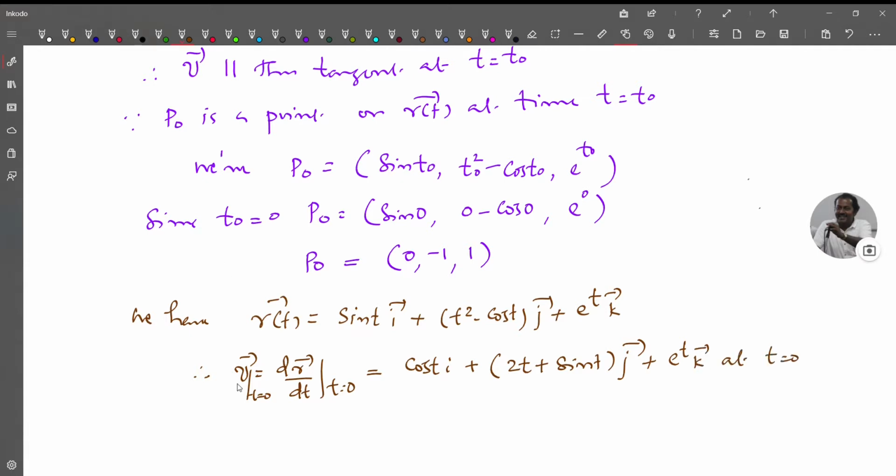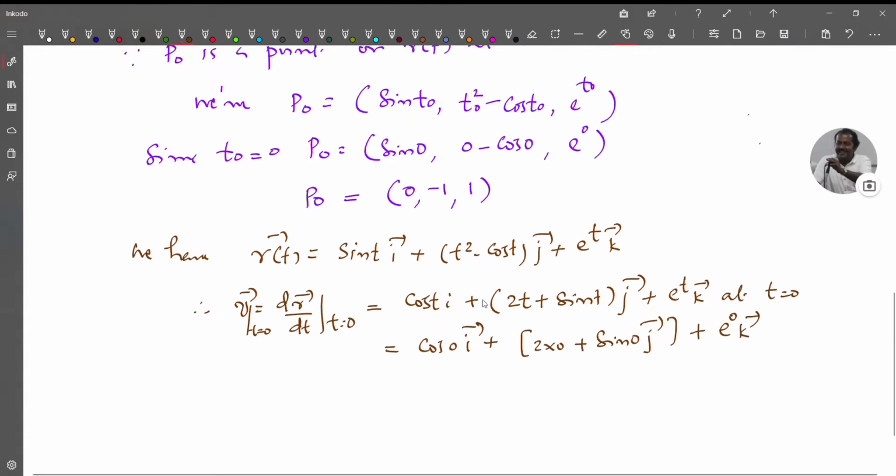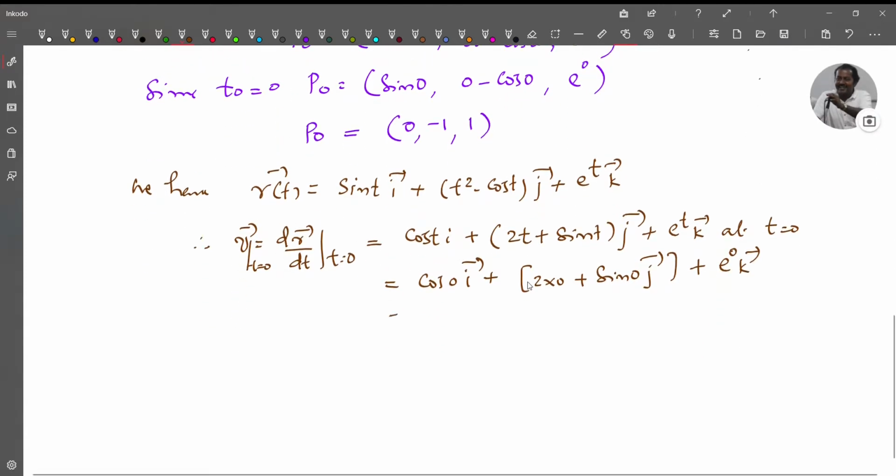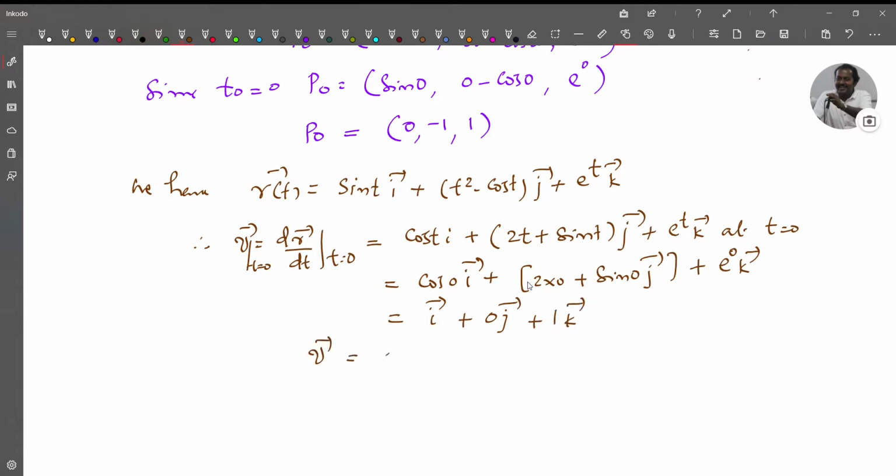So this is cos 0 i plus (2 into 0 plus sin 0) j plus e raised to 0 k, which is 1 i plus 0 j plus 1 k. So our vector v is i plus k.